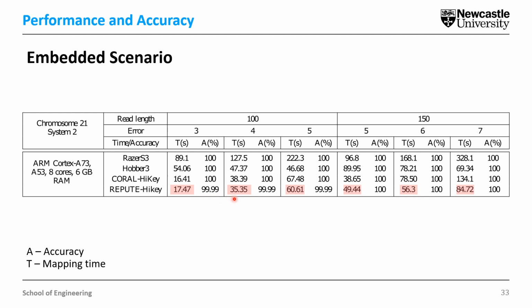The accuracy is either the same or better than the previous read mappers. For longer read lengths with low error values, again REPUTE outperforms all the previous read mappers. We produce the same value, or we are a little bit higher than HOBBES3 for higher error values.